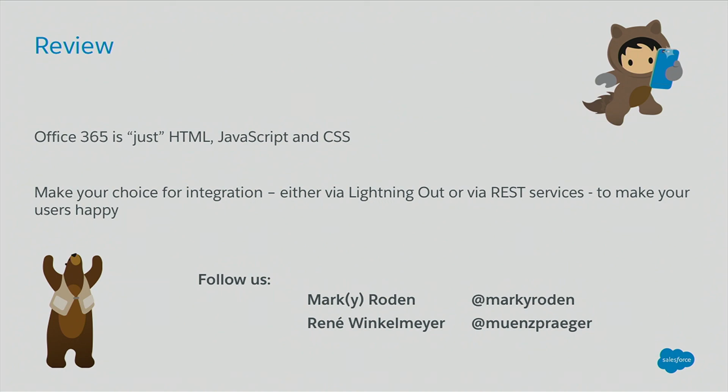I would vote for using Lightning Out, especially when you're using custom objects. I think a few of you do probably. You should really go with that because it makes it really easy to use all that stuff that you built for Salesforce within Office 365. It's no double development, and that's why I really love it. You don't have to do things twice.